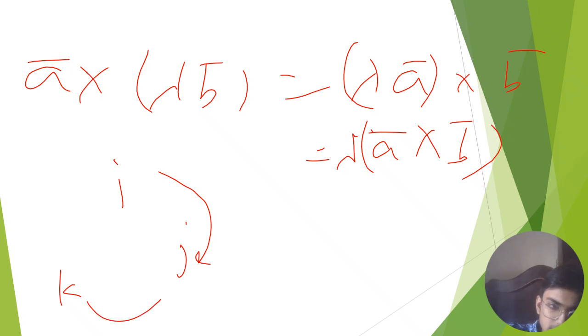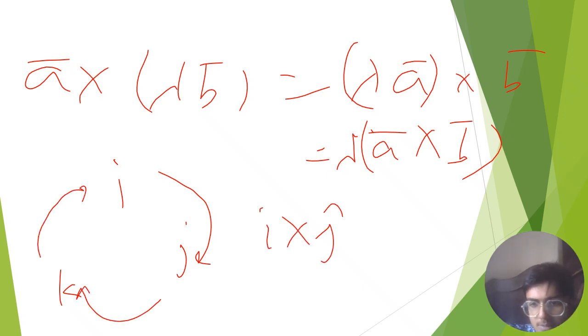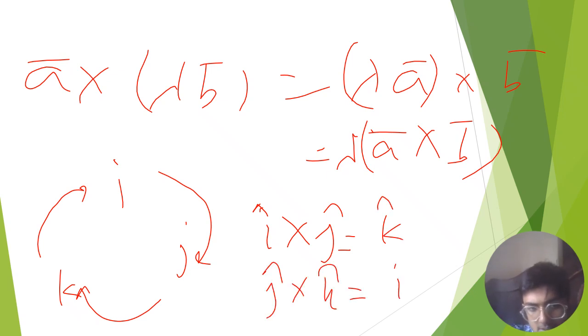Just make it a cycle, and now you write i cross j. Since these are perpendicular vectors and we are making it cross, sine theta will not be 0. So hence i cross j will be k, j cross k will be i, and k cross i will be j. Okay, so ijk, jki and kij.